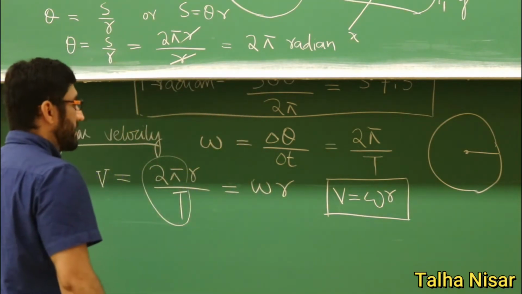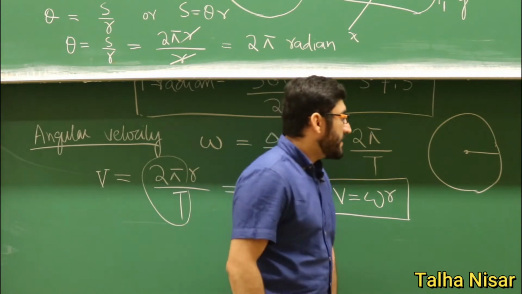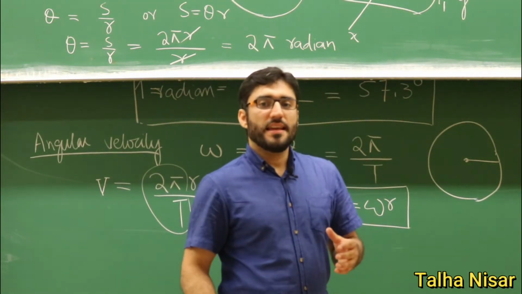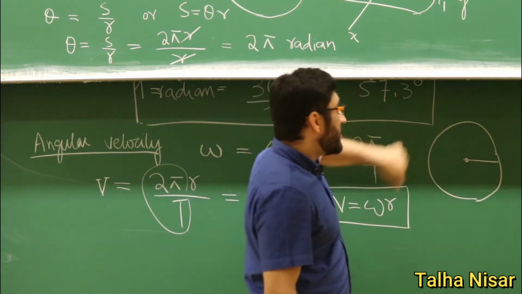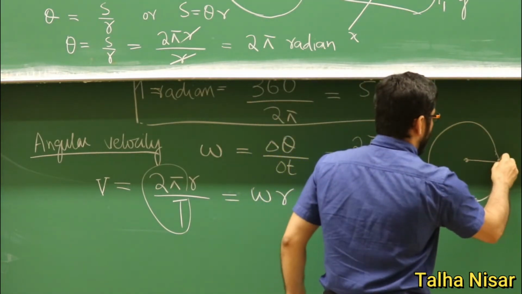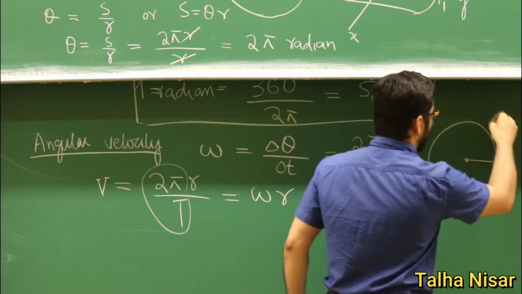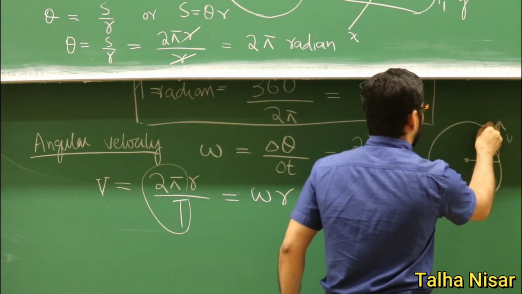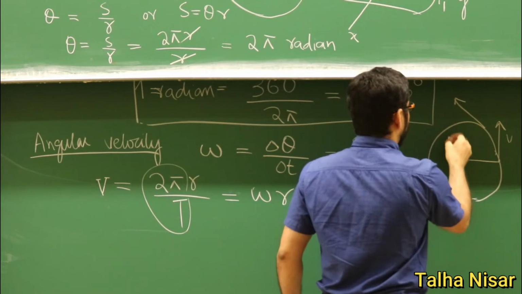Now we see that the tangential velocity, as we just said, has a direction here, and when the object is here, the velocity direction is here.